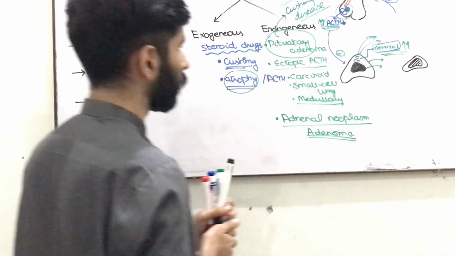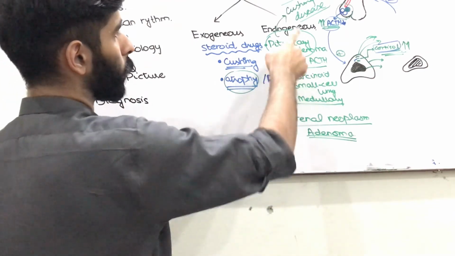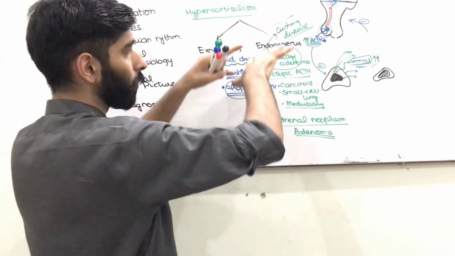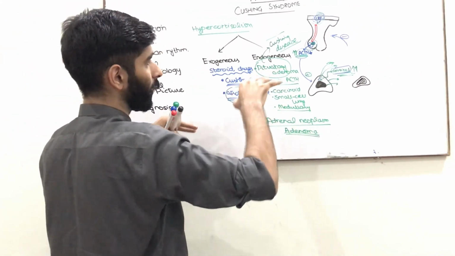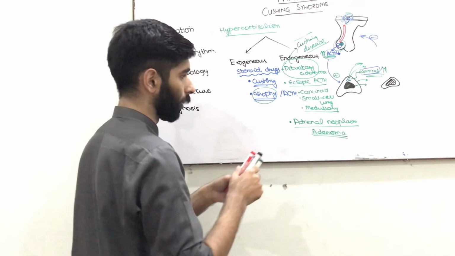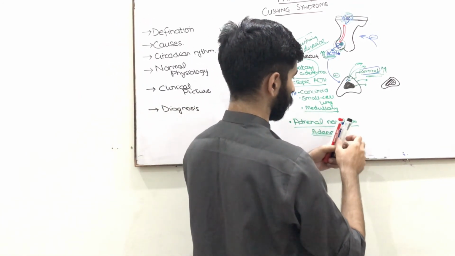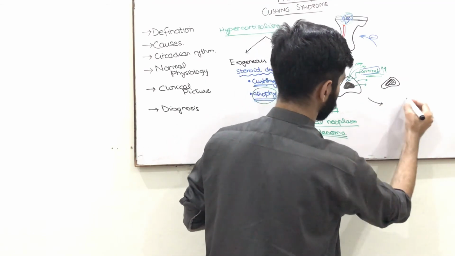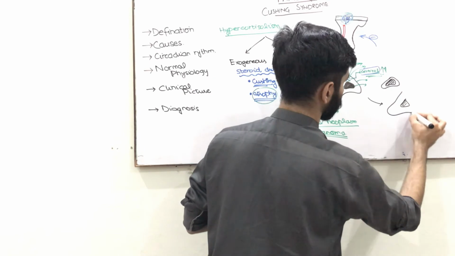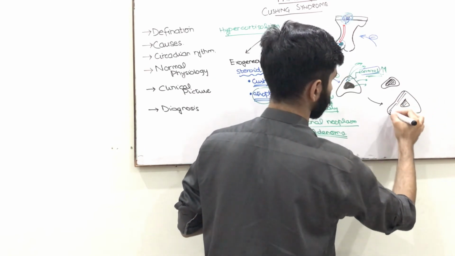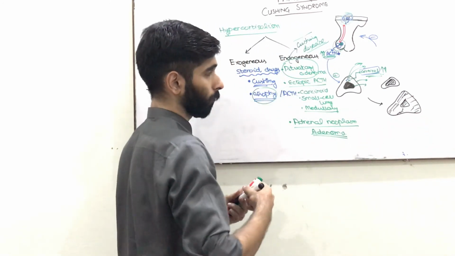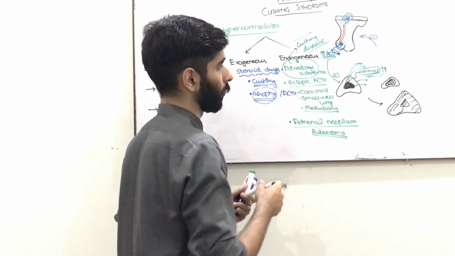If this disease is due to pituitary adenoma and there is production of a large amount of ACTH, this ACTH will act on both adrenal glands, and it causes bilateral diffuse hyperplasia of the adrenal glands. It will be like this, diffuse hyperplasia of the adrenal gland.